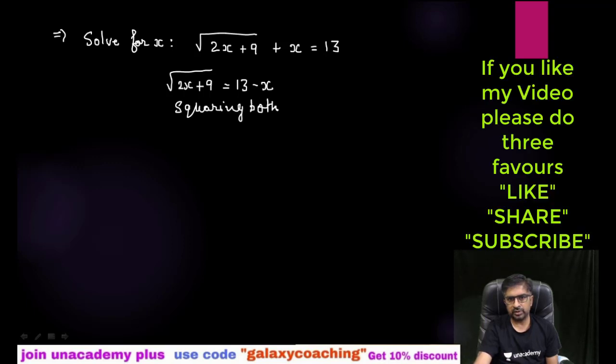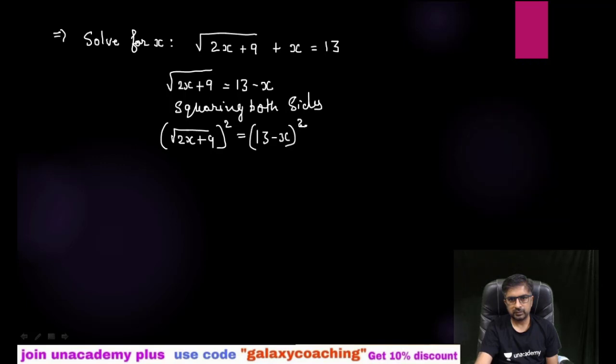So what will happen, we can cancel the roots, that's why we are doing squaring both the sides. So this square and root will get cancelled and you will get 2x plus 9, and here 13 square is 169 minus 2 into 13, that is 26x plus x square.